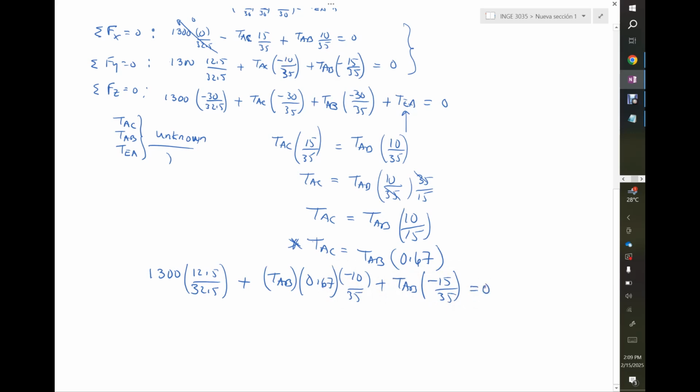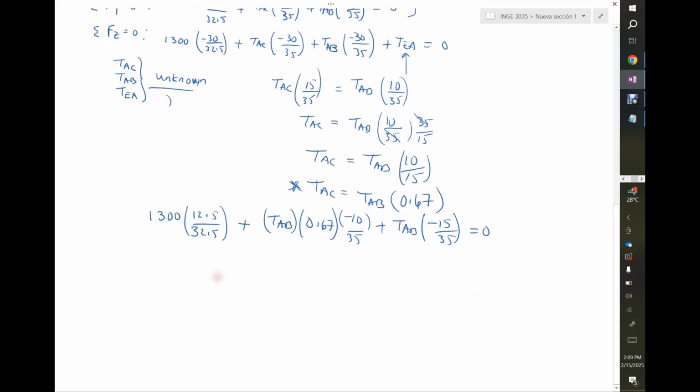So this is going to be negative, and this is going to be negative, so this can go this way. Let's get the calculator here: 1300 times 12.5 divided by 32.5. That's about 500. Now this is going to go to the right side, so TAB is our common factor if we use the distribution rule.